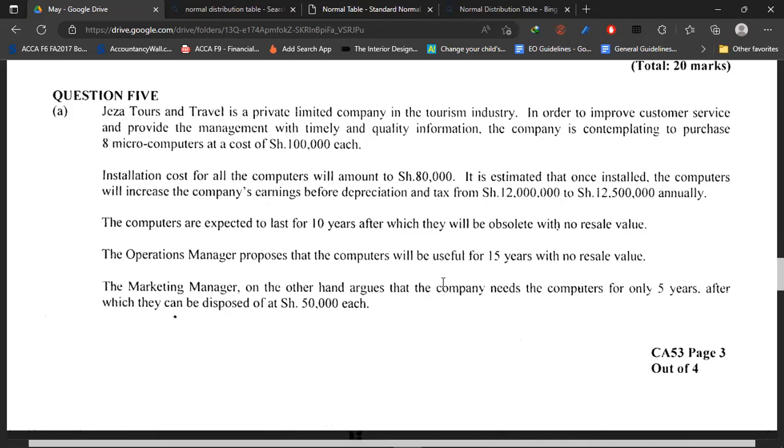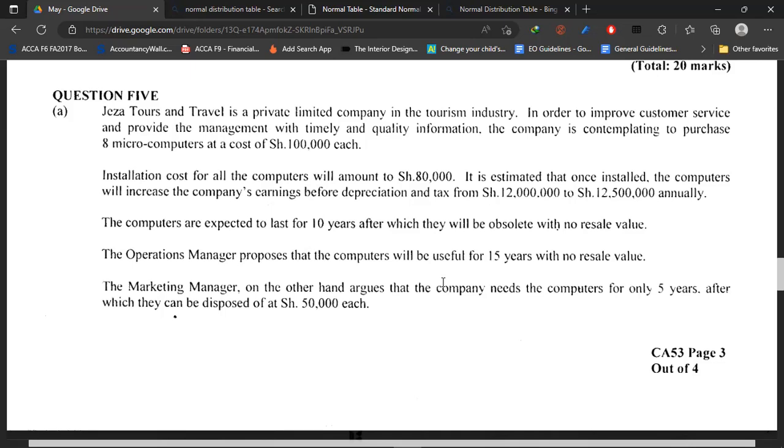The computers are expected to last for 10 years, after which they will be obsolete with no resale value. The operations manager proposes that computers will be useful for 15 years with no resale value.